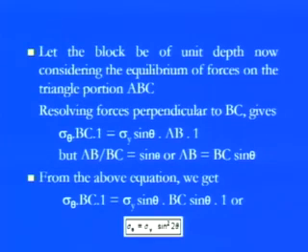From resolving these equations, sigma theta BC into 1 equals sigma y sine theta into BC sine theta into 1, so BC cancels out, and the normal stress component at the oblique plane is sigma theta equals sigma y sine square theta. The meaning is pretty simple: we can easily relate the stress component at the oblique plane to whatever force is influencing the object.